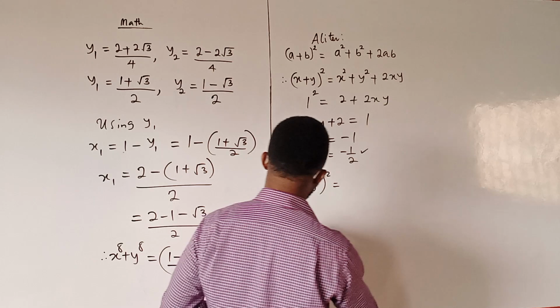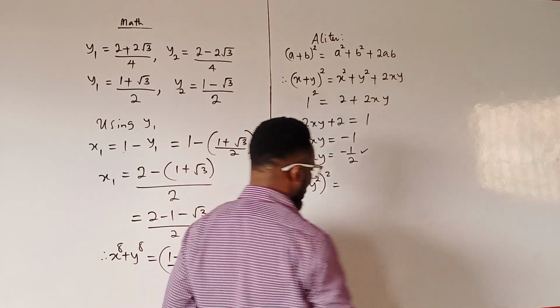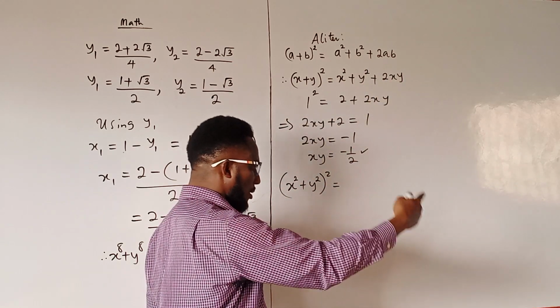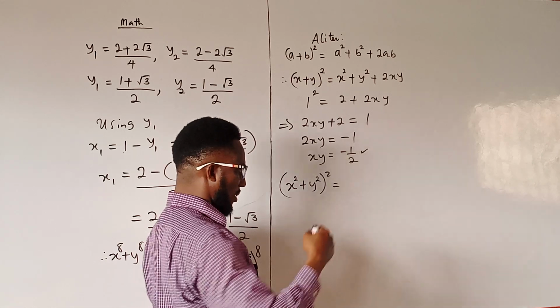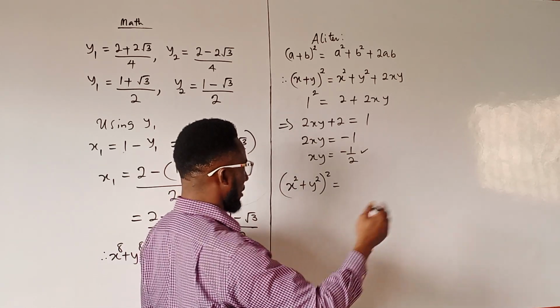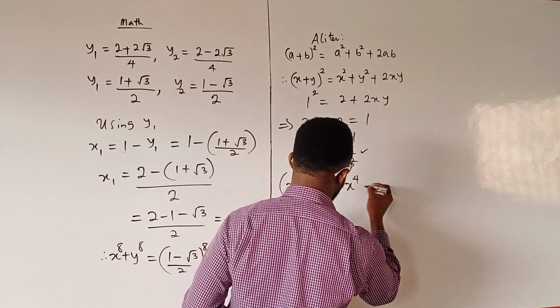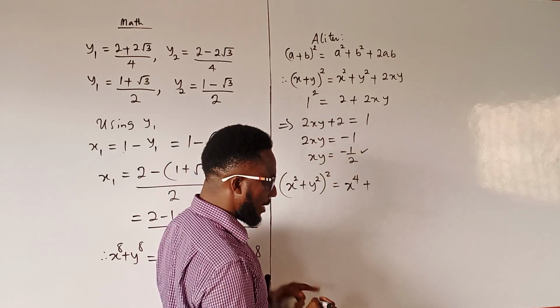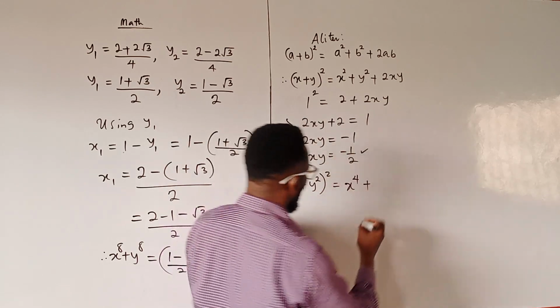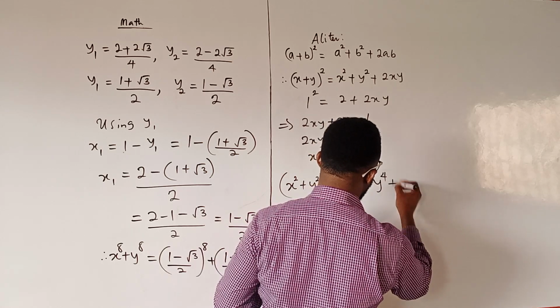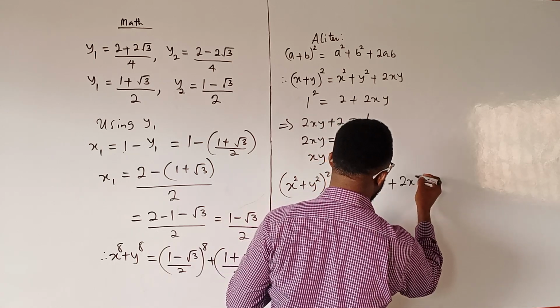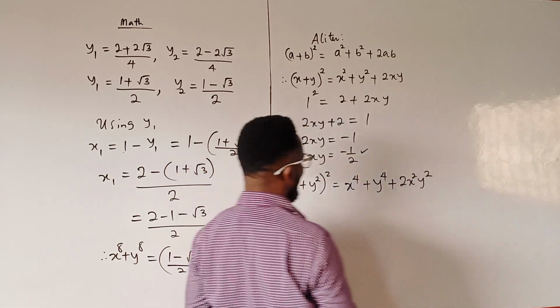So if I take care of this using this formula, I'll be having s squared squared, that will be s to the fourth. Then I have y squared squared, that will be y to the fourth. Here we are going to be having 2s squared y squared.